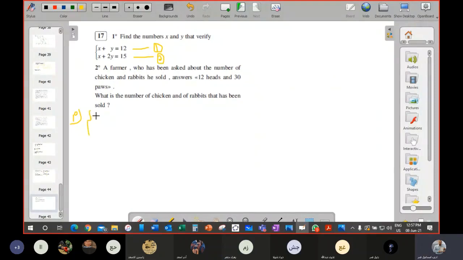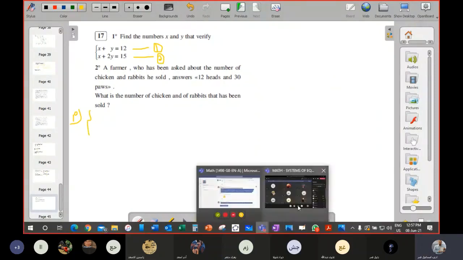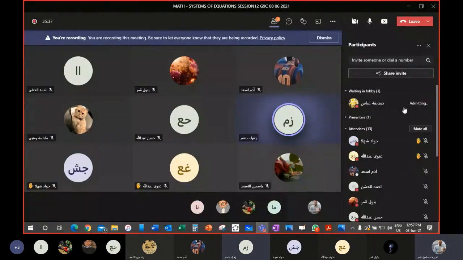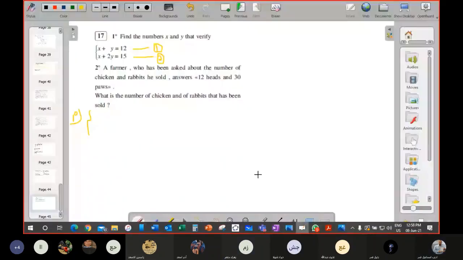How do you want to solve this? X equal 12 minus y.